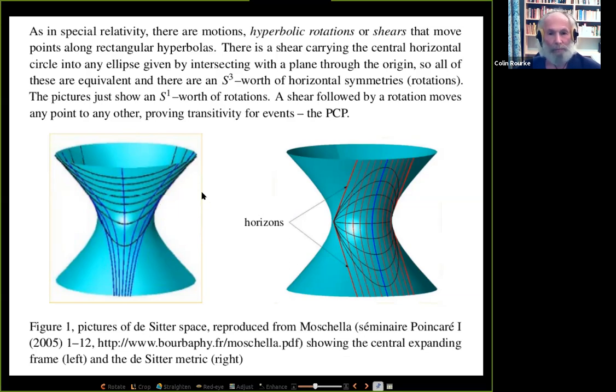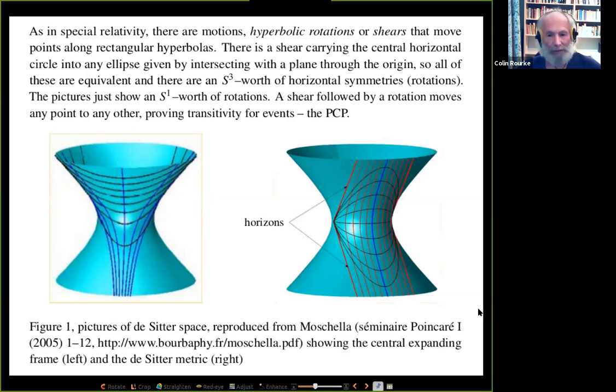These are hyperbolic rotations or shears, and the formula is the matrix with cosh x, sinh x, sinh x, cosh x. It's just a straightforward hyperbolic rotation. If you know any special relativity, that's one of the standard isometries. So you can move by an isometry any point up this hyperbola.